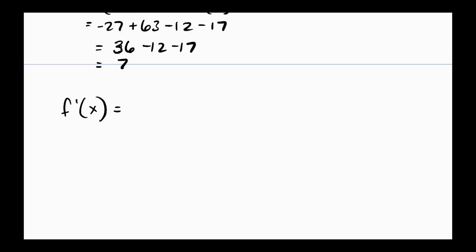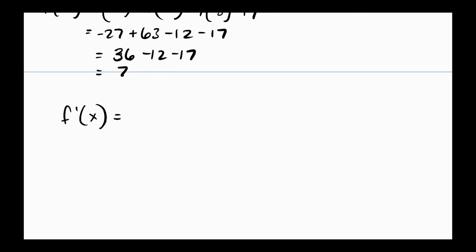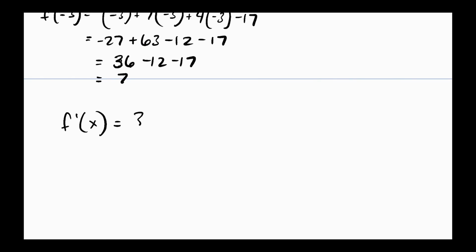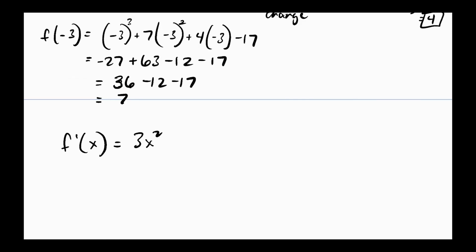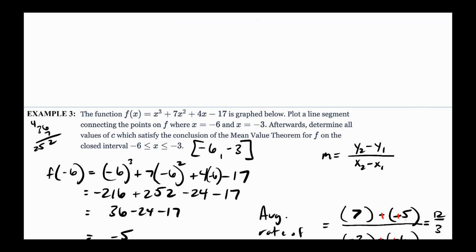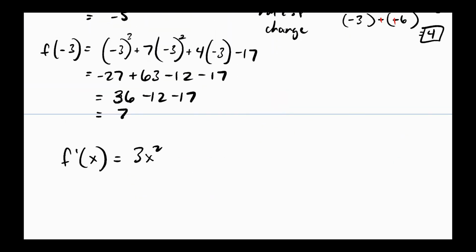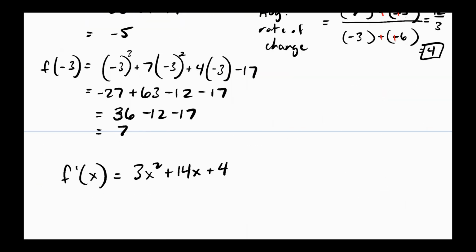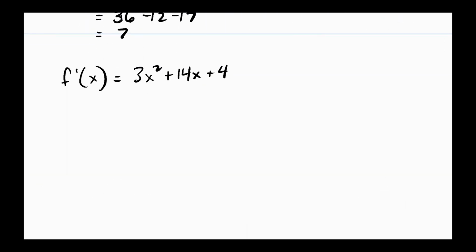Well, if we're talking about a function and its slope, we've got to find the derivative. Okay, so we get 3x squared plus 14x plus 4. And then what are we going to do with that?